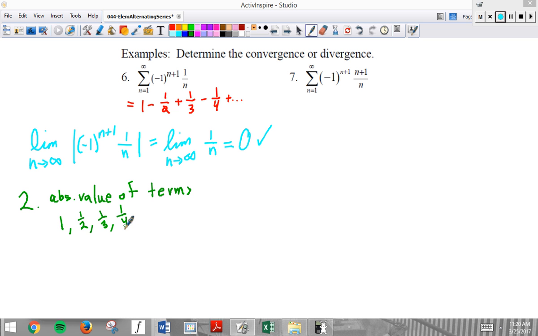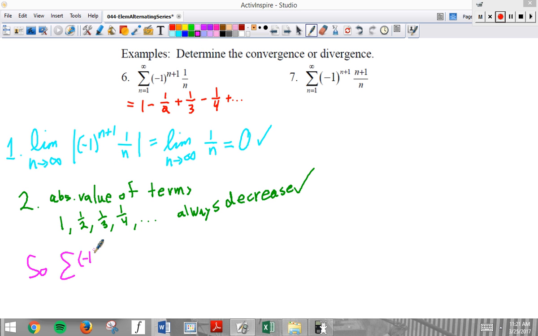If we ignore the signs, always decreasing. And then you would say something like, so. Sorry, you should have labeled this as step 1. I don't know why I labeled it. It's bothering me.